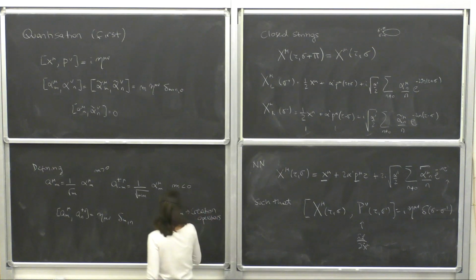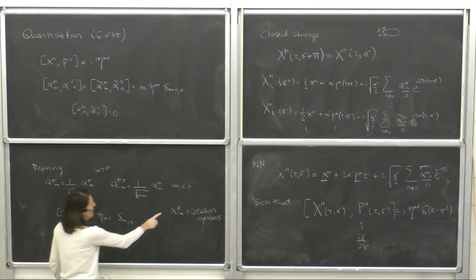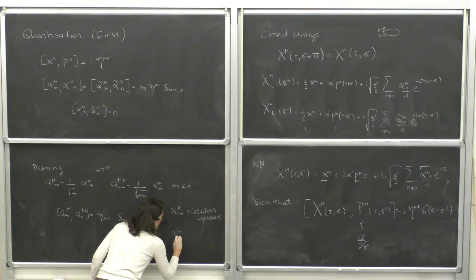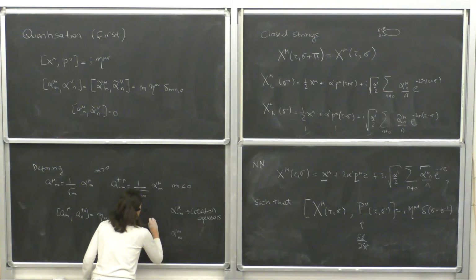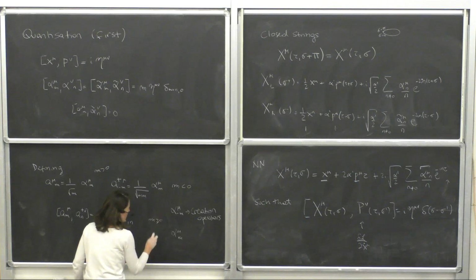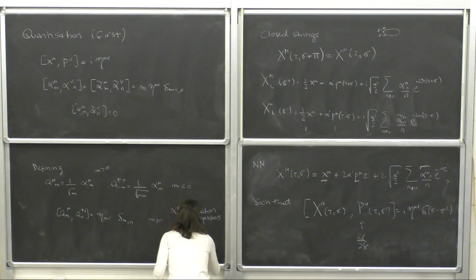And the conventions are a bit weird that the minus are the creation ones, but everybody agrees that the minus one are the ones that create, and the alpha mu m, so now m is greater or equal to 0, or we'll see the alpha 0, these are annihilation operators.